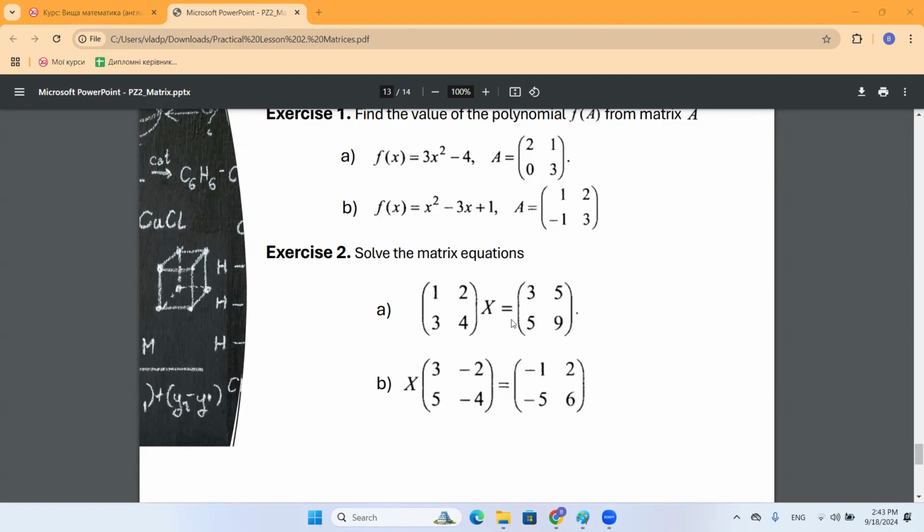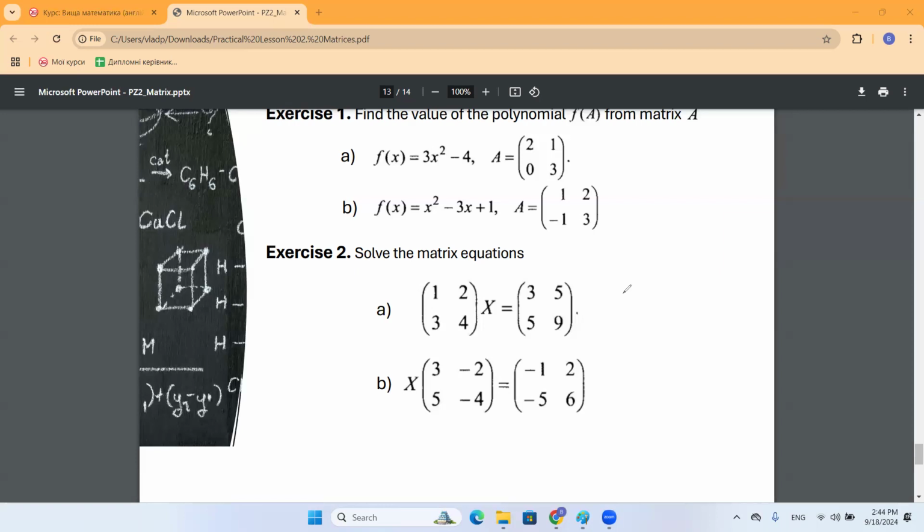And how to find it? Divide by the first matrix. Actually, if we work with numbers, we can divide, but for matrices we cannot.